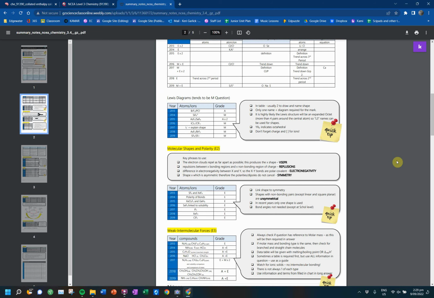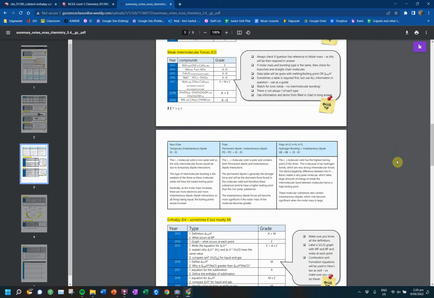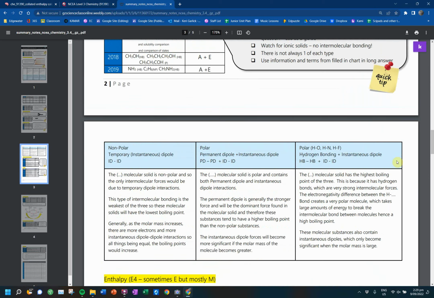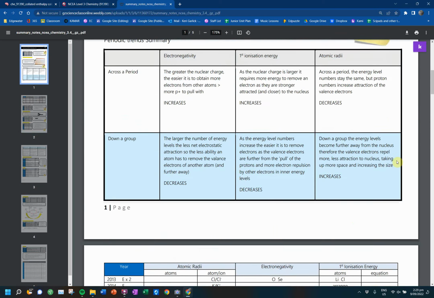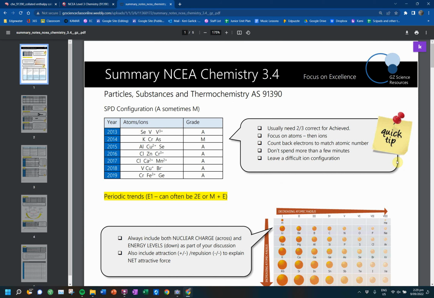Yeah, to be honest, this is the one I was thinking about. It's the same one that's referring to getting to excellence. Yeah, focus on excellence. So what this shows you is a really useful tool because it goes through the past exam papers, well, not all of them, up to 2019 by the looks of it, and it tells you what they asked as the particular question, so what atoms or ions they used, and they also summarize if they gave an achieved, merit or excellence point to it.